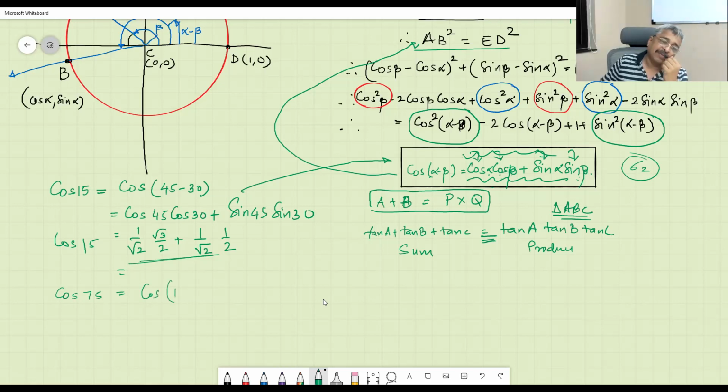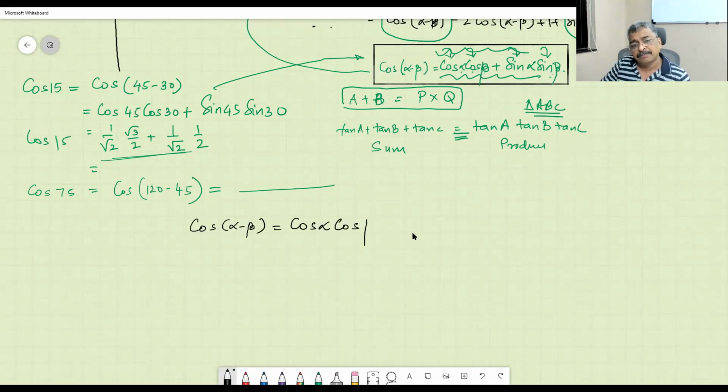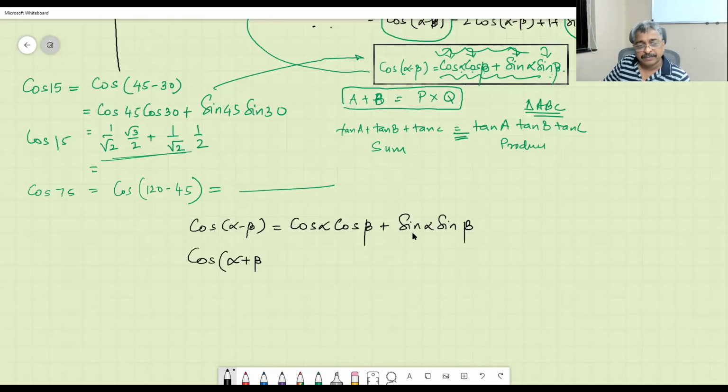Cos of (120 minus 45). 120 is a friendly angle, 45 is a friendly angle. We will be able to get cos 75. But before we do all these things, let us see. Now, if I know cos of (alpha minus beta) is equal to cos alpha cos beta plus sin alpha sin beta, can I find out cos of (alpha plus beta)?